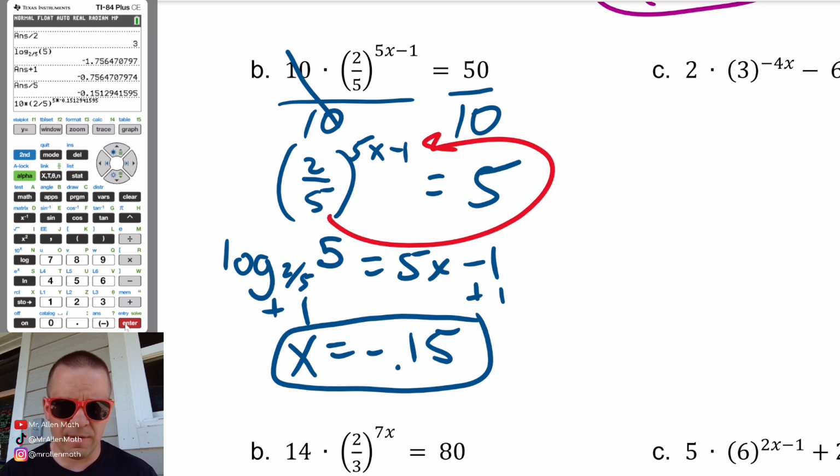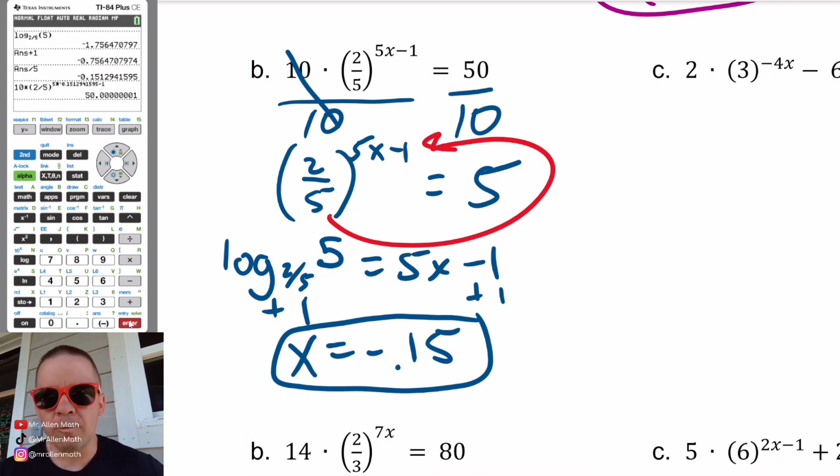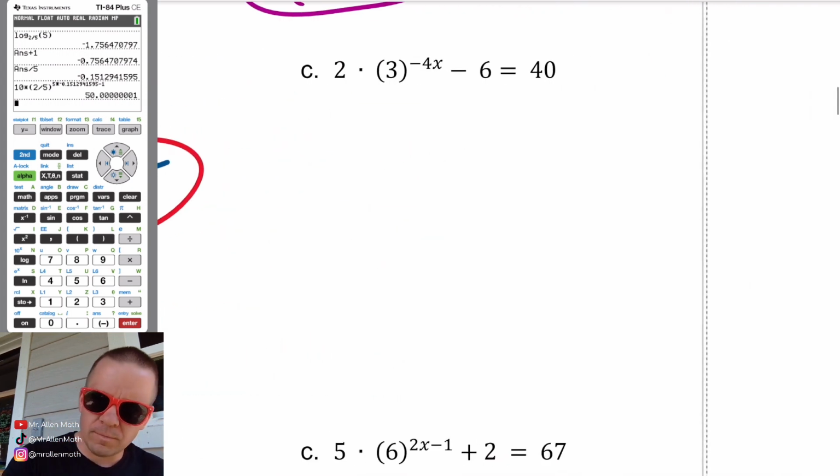And then we have that, and it's minus 1. Boom, minus 1. We should end up getting 50. All right, yep, there we go. Perfect. Wonderful. Awesome. Look at that. I almost thought it was supposed to be 5, and I was like, no, we're good. Okay. Part C.